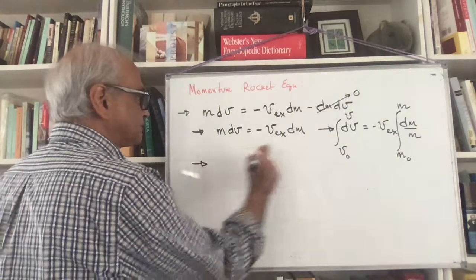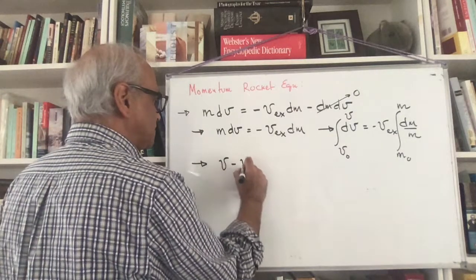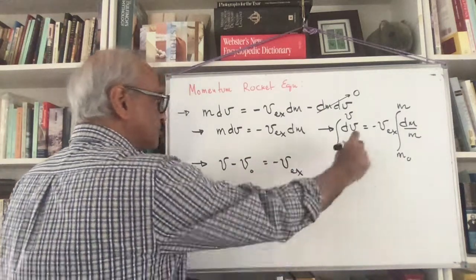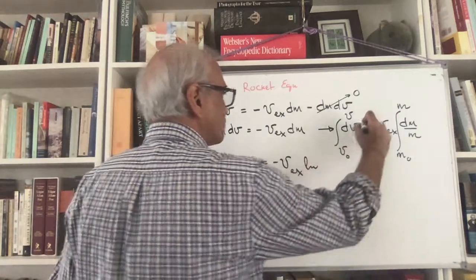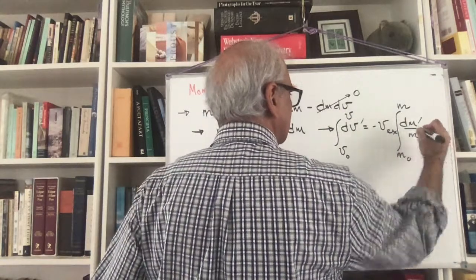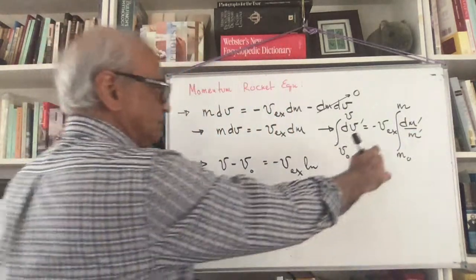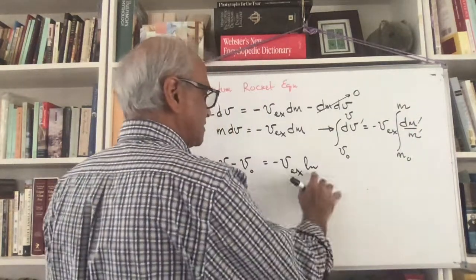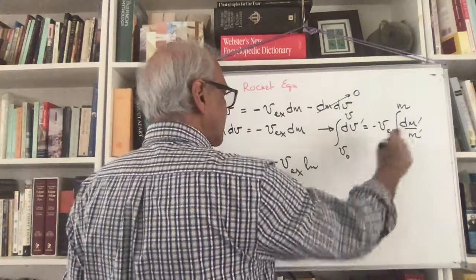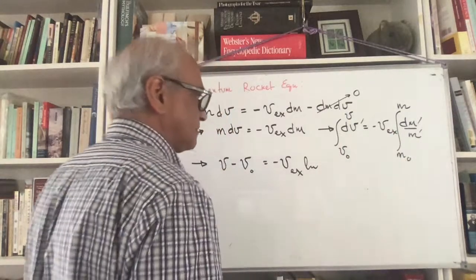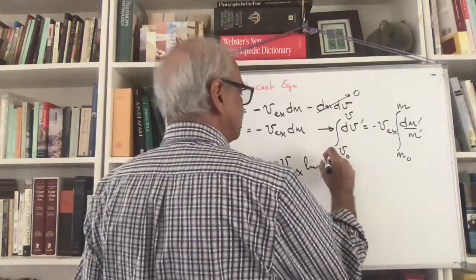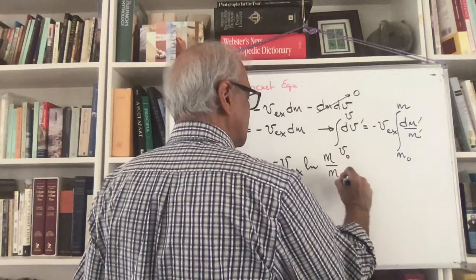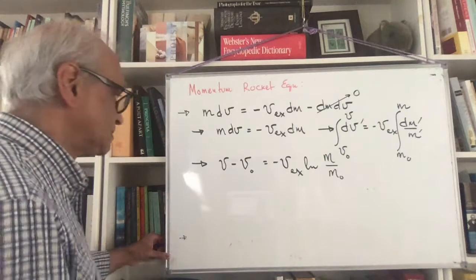You get v minus v naught equals minus vex times log. So we change the variable so that we can integrate over that and put the final limits on it. The log is simply going from some initial mass to final mass, right?